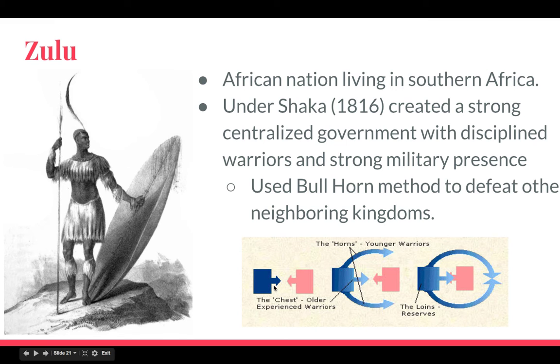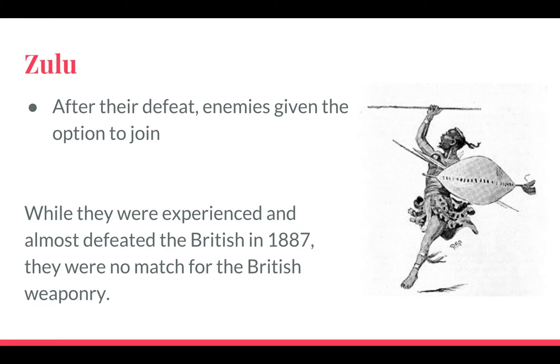Now Shaka is going to change things, and he is going to have younger warriors, while you're going head to head, surround and envelop who they're fighting, and this is actually a very effective method. Obviously, they're going to run around in order to do this, but it's a fairly effective method, and he's very successful. Obviously, the Zulu also play with the terrain, so they're a pretty effective fighting force.